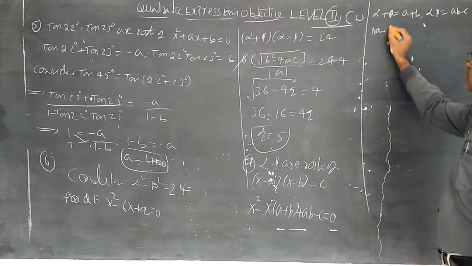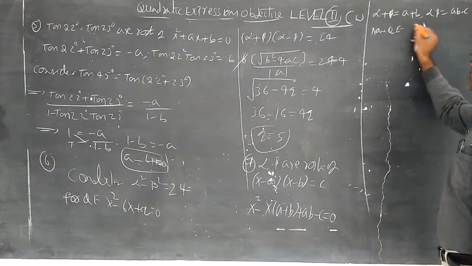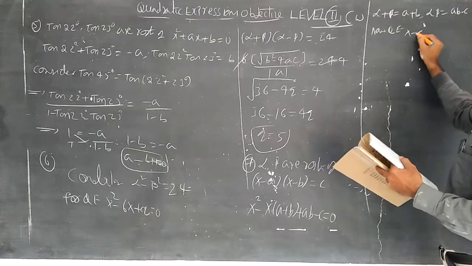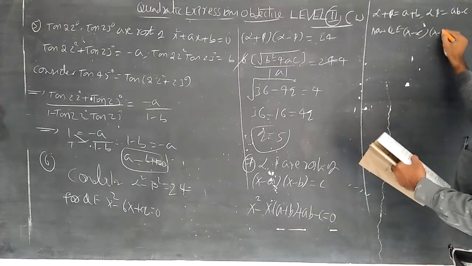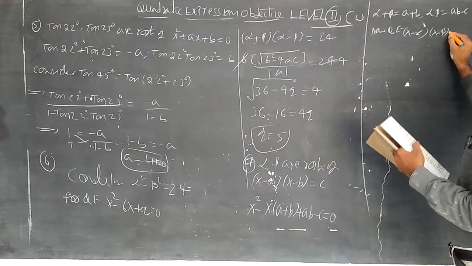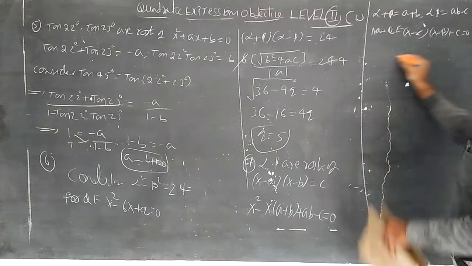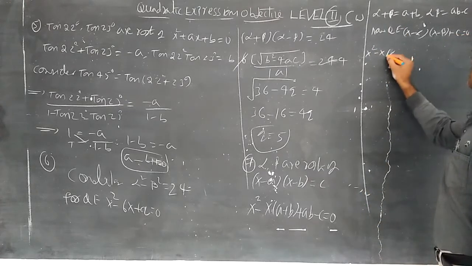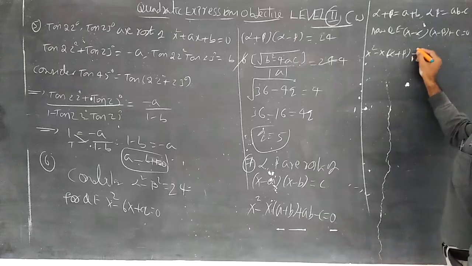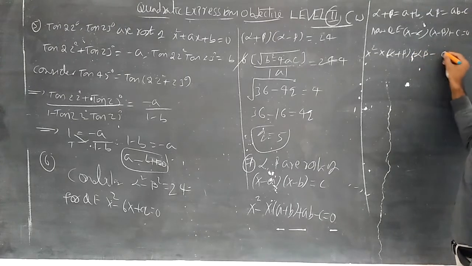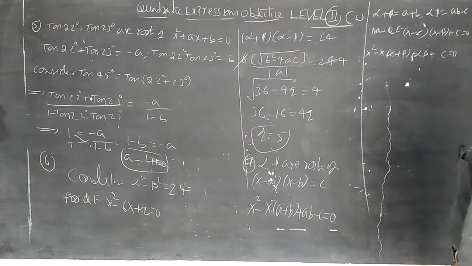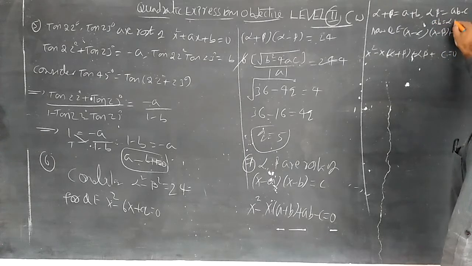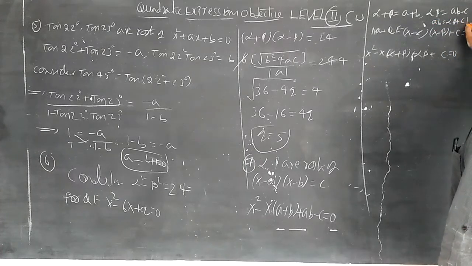Now the given equation is x minus alpha into x minus beta plus c equal to 0. So x square minus x into alpha plus beta plus alpha beta plus c equal to 0. Here you can write ab equal to alpha beta plus c.